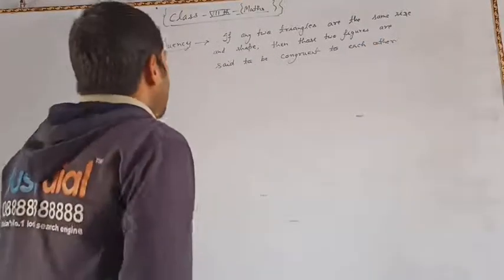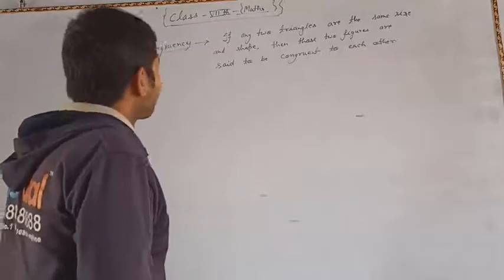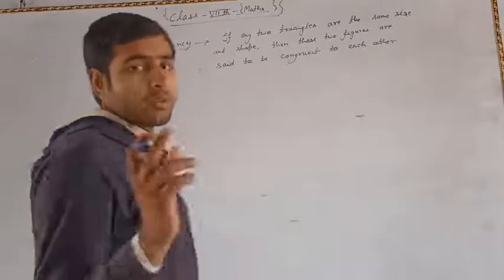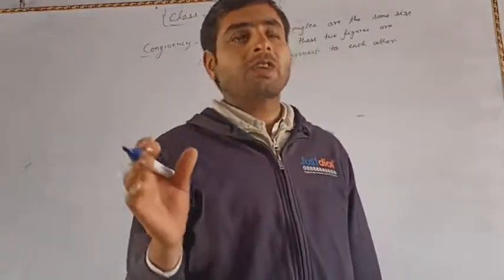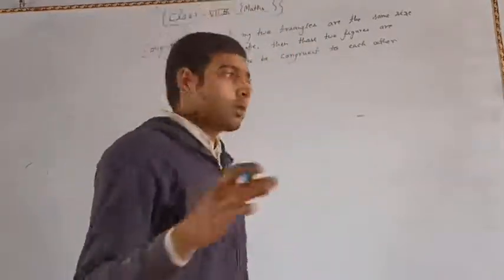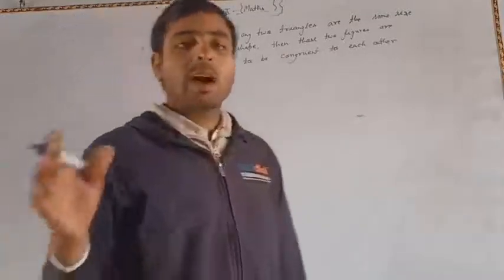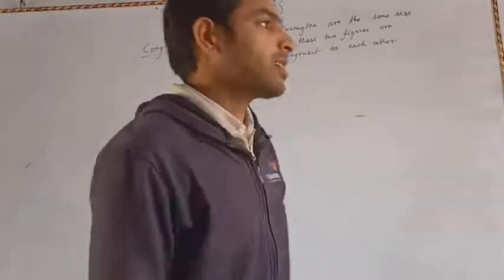Also you can say in this type of definition that if two triangle figures superimpose on each other, then those two figures are called congruent to each other.